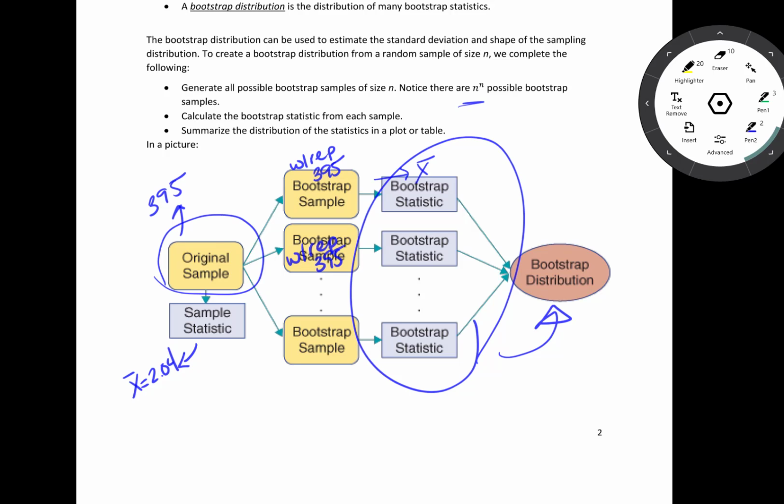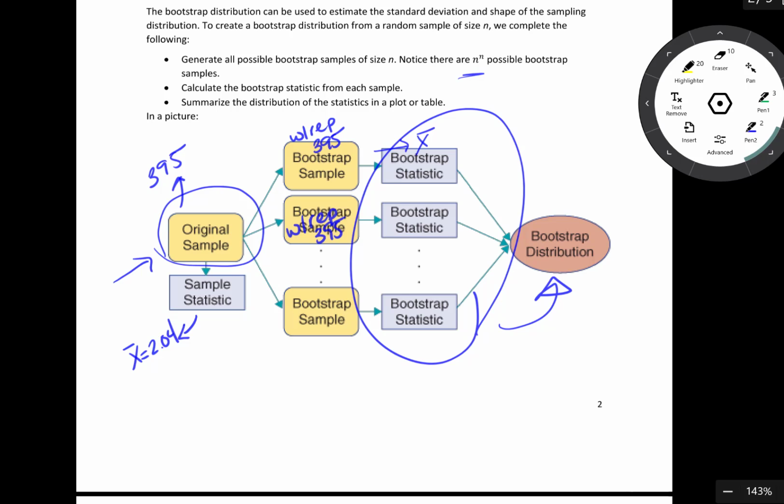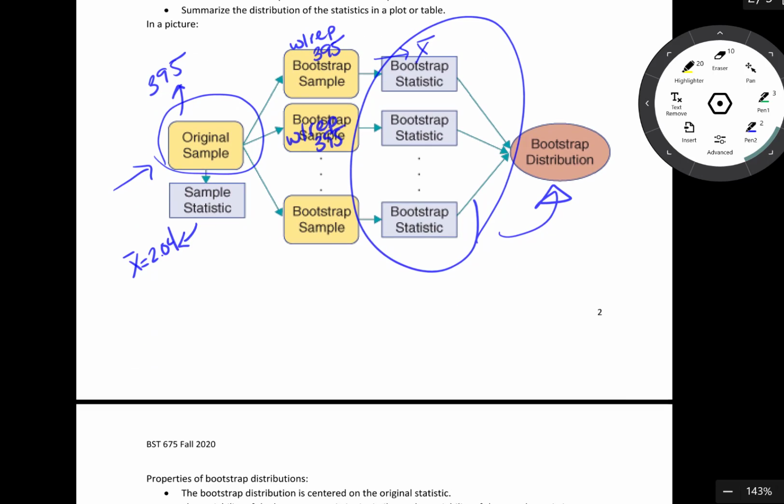The only difference is that in a sampling distribution, at this stage we have the population instead of the original sample. Other than that, the process is the same. So this is why we say that this original sample is acting as a pseudo population. And again, I cannot stress enough, one of the fundamental things is that this original sample has to be a good representation of our population.